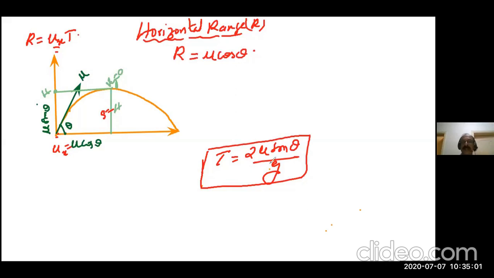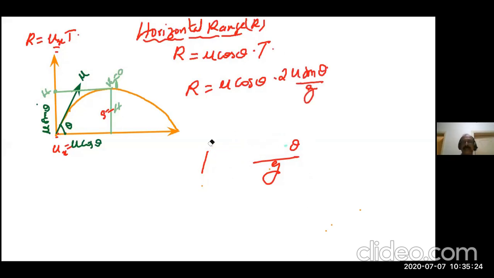What is t? 2u sin theta divided by g. Substitute. R is equal to u cos theta. For the horizontal range, time of flight you have to derive first, and that will be 2u sin theta divided by g. Now look.